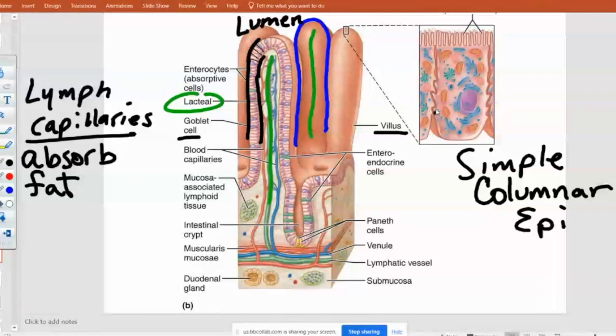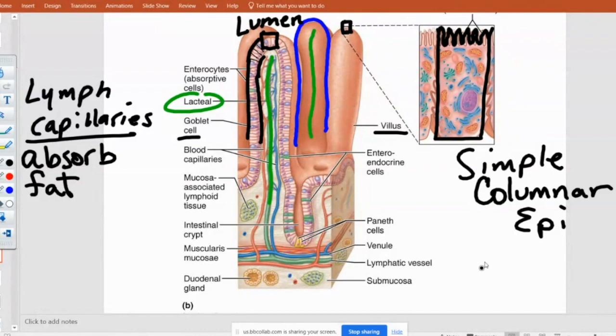All right. So here's where we want to go next. Right here would be like looking right here. Column-shaped cells. There they are. One layer, columns. But look at the tip. It's highly folded.